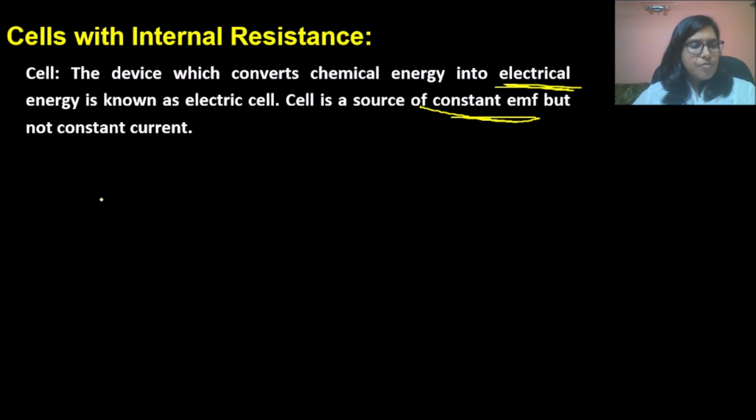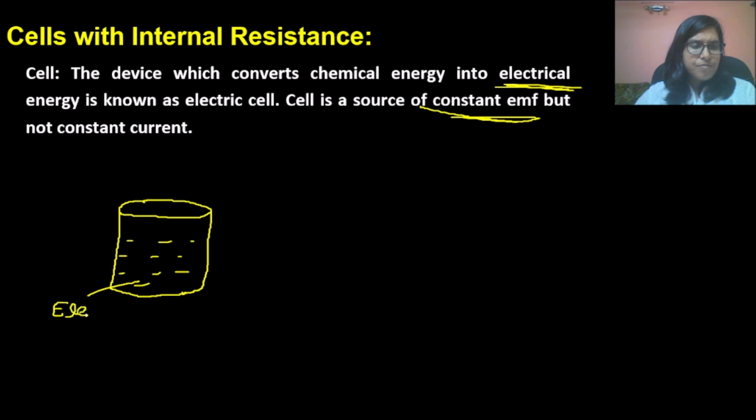Now suppose in this we have filled electrolyte and there are 2 electrodes. If this is positive, this is negative, then this will be called anode and this will be called cathode, right?